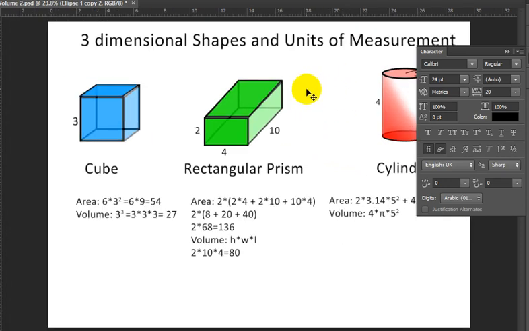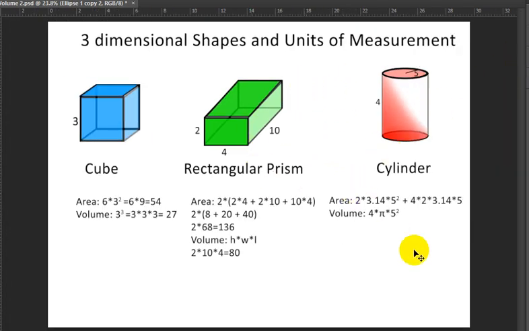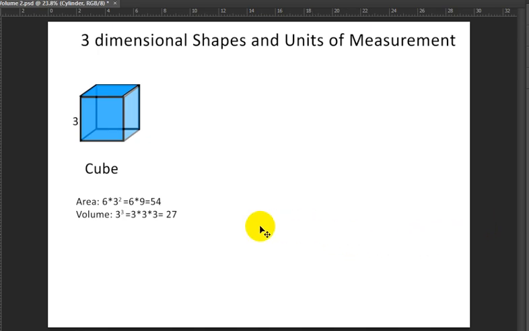All right, now that we're done with that, I would like to take a quick moment to talk about the units of measurement of volume.